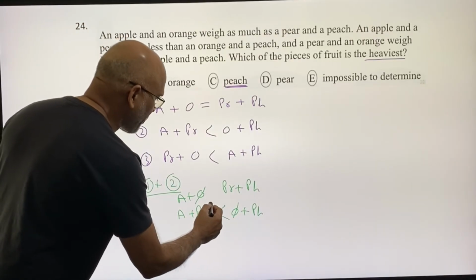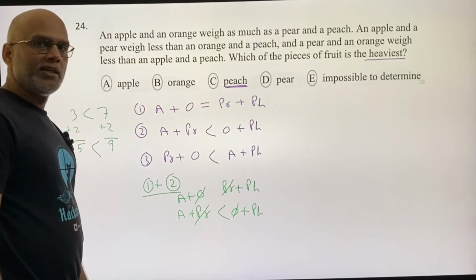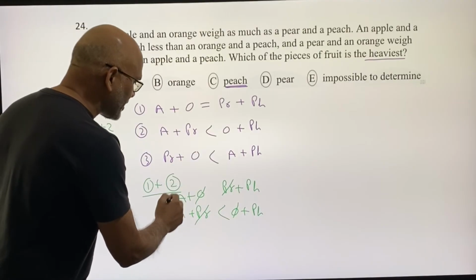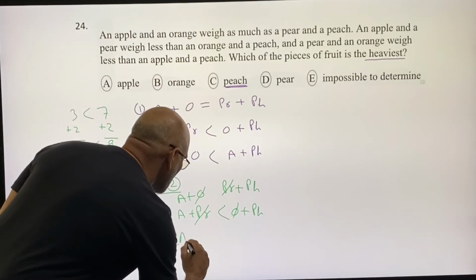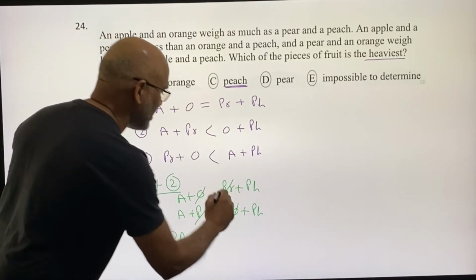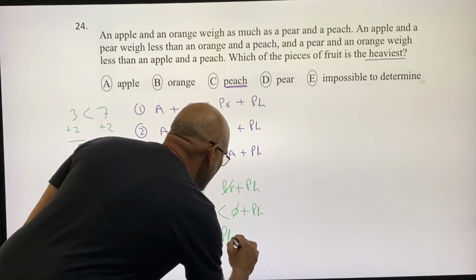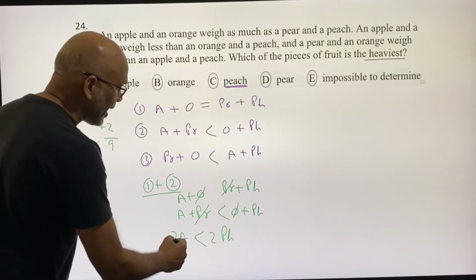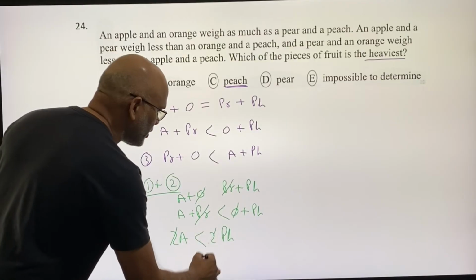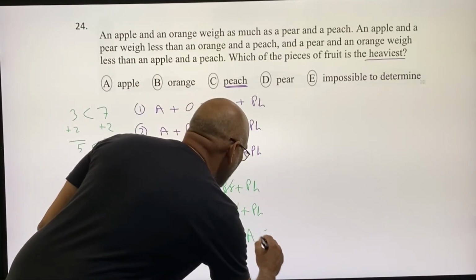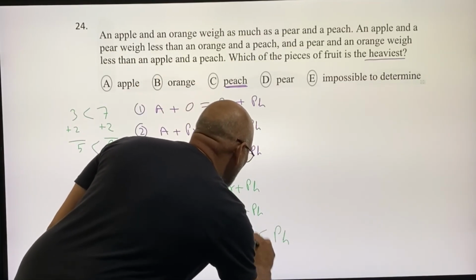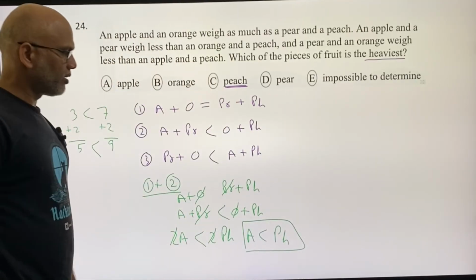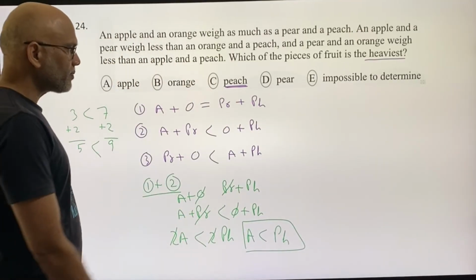I can also take pear from both sides, right? Now what is remaining? This is 2A, 2 apples less than 2 PH, right? And if I divide both sides by 2, this tells me A is less than PH. So this is 1, right?